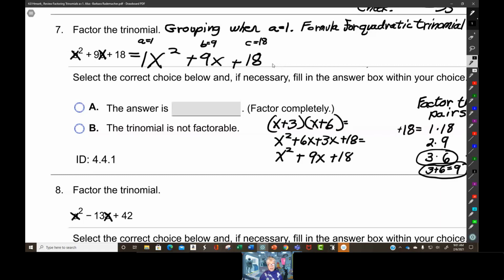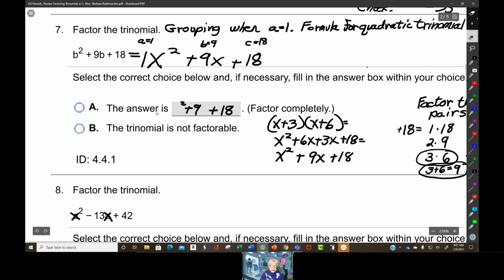Okay, now the hard truth here is that if I write x squared plus 9x plus 18 in the answer box, I'm going to get a great big error message. Because the original letter, I mean, I changed it. The original letter was B. So these people have no sense of humor at all.